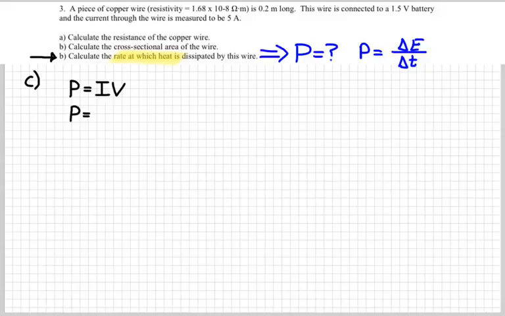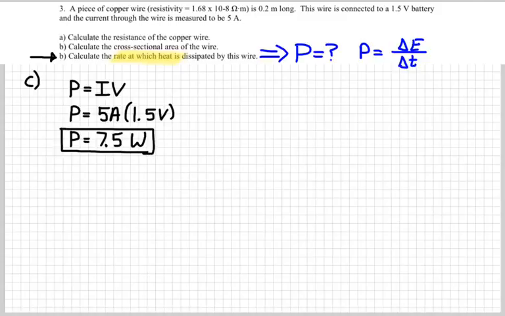because I know my current is 5 amperes, and I know my voltage is 1.5 volts. So we end up with a number like 7.5, and that would be either watts or joules per second.